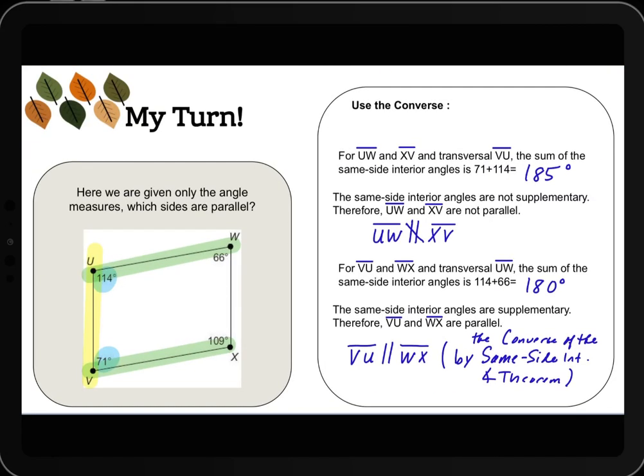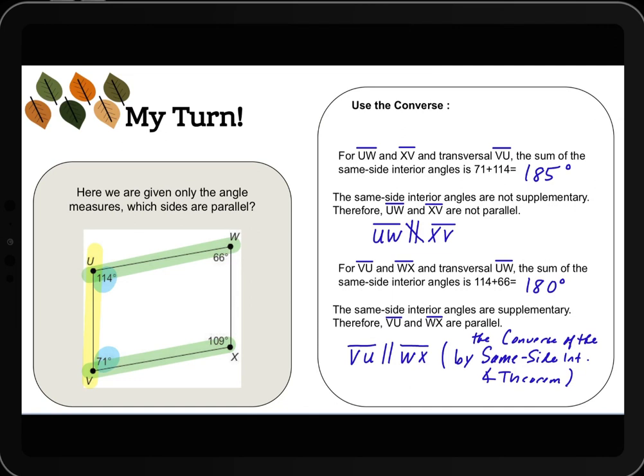So let's go ahead and take a look at an example. In this example, we are shown that we have the segments UW and VX, or XV, and the transversal highlighted in yellow, VU. We can see that highlighted in blue are two angles which represent the same side interior angles, and their sum is equal to 185. The problem with this is that in order for the same side interior angles to be useful to us, we have to show that they are supplementary.